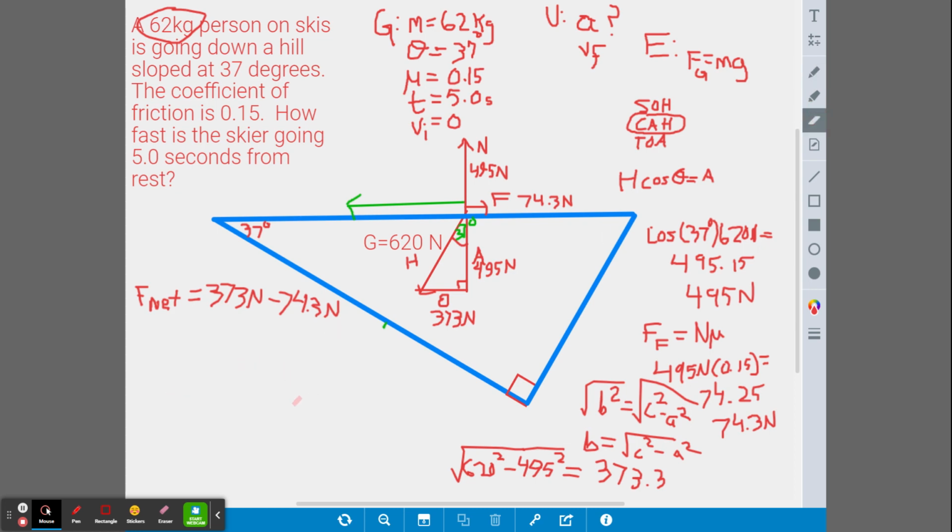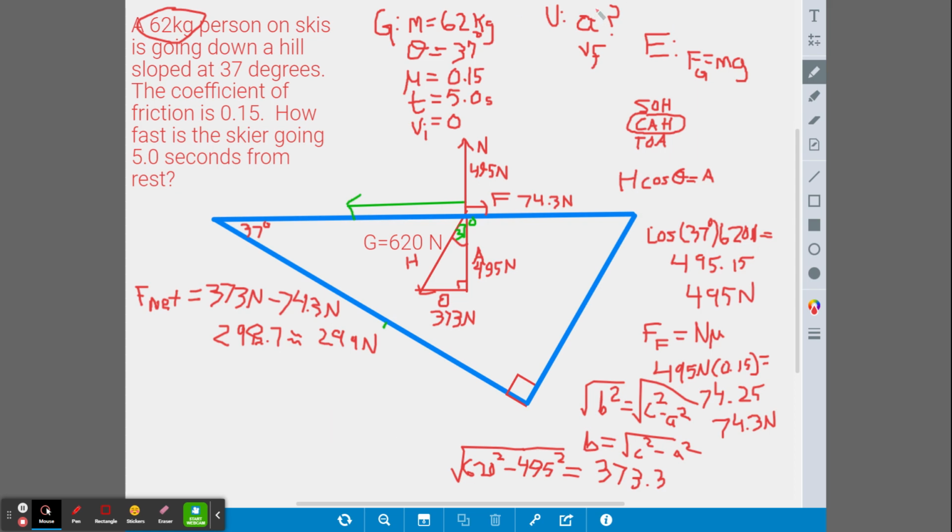Get rid of this. So when you do that, you get your F net is equal to 298.7. I'm going to round that to 299. All right. Now we got our net force.